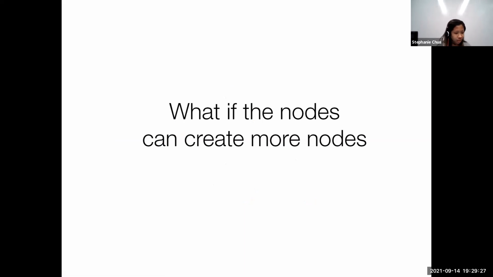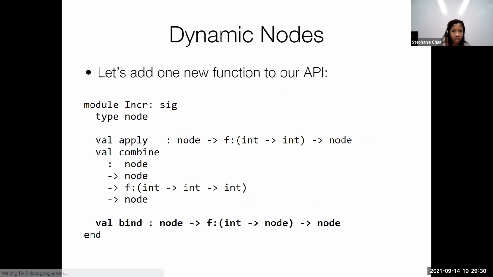This is all actually possible with incremental by having this new function called bind. I've copied the interface of incremental that we've seen earlier, just so that we can do a comparison here. But let's focus on bind.